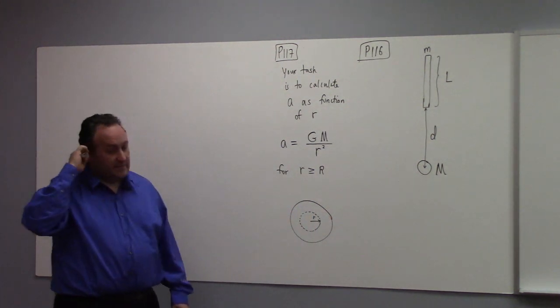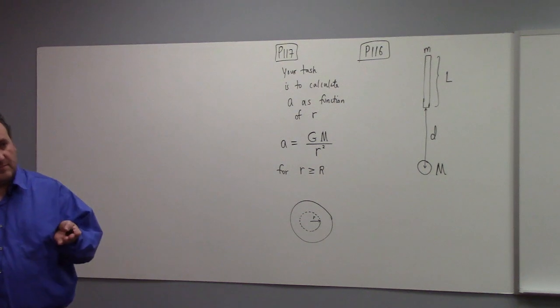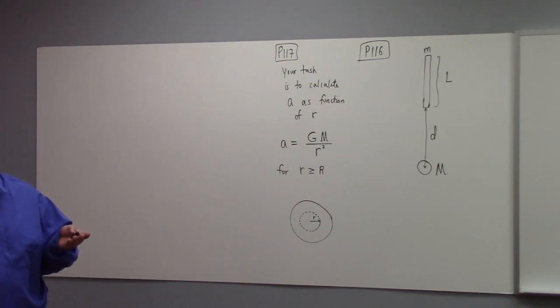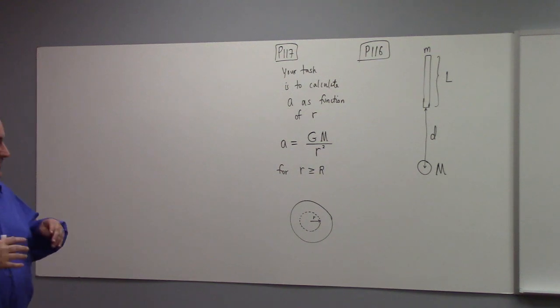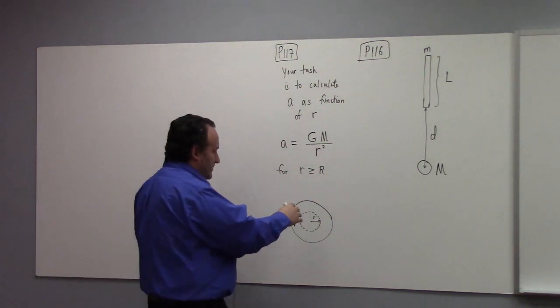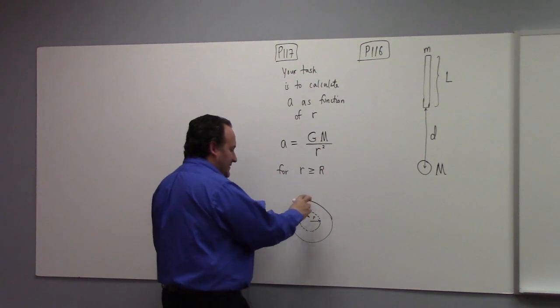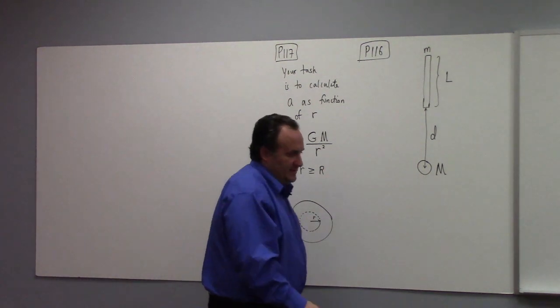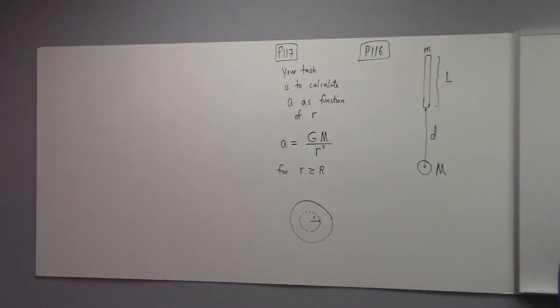It's based on the amount of mass inside that dotted line. The principle here says that the acceleration is due to the mass inside. The mass outside pulls in every different direction, so it cancels out and is irrelevant. Okay, so that's problem 117.